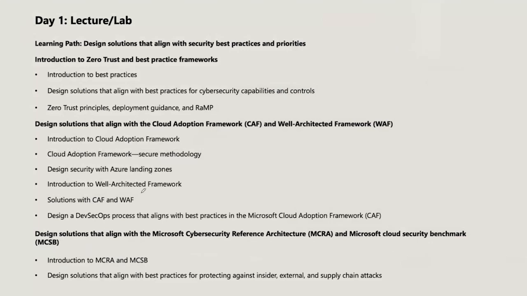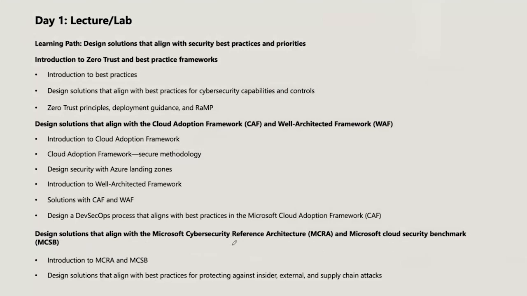Also, we were discussing the Well-Architected Framework, the comparison between CAF and WAF. And if you talk about the DevSecOps process, how this is aligned with best practices in CAF. We also covered what we have in MCRA, Microsoft Cybersecurity Reference Architecture, and Microsoft Cloud Security Benchmark, MCSB.